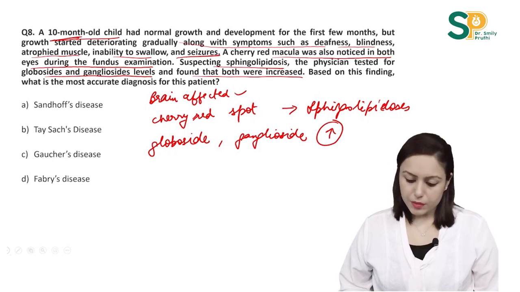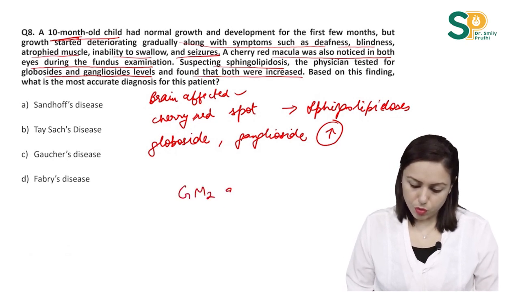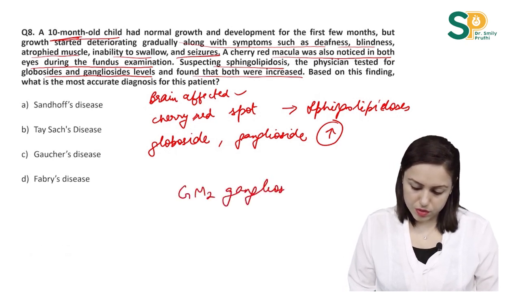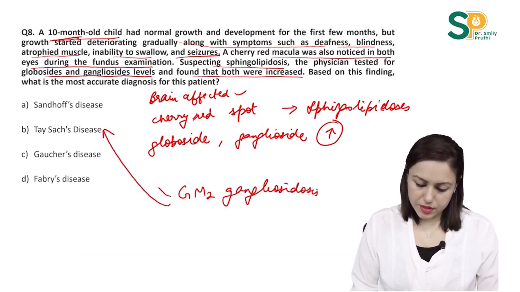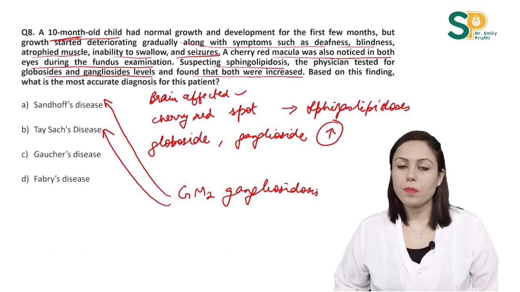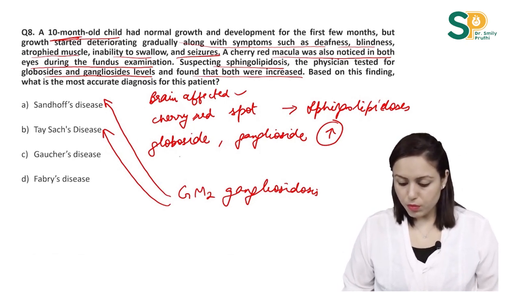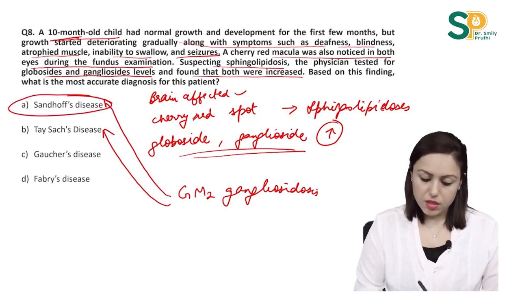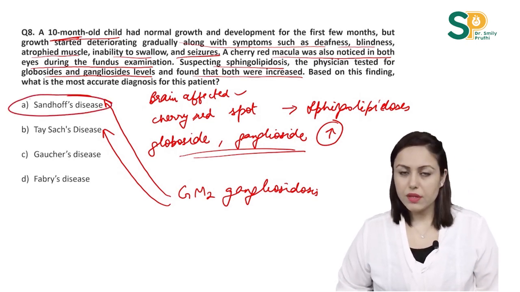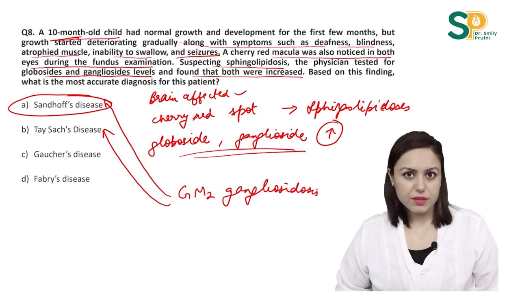We have two types of GM2 gangliosidosis, that is Tay-Sachs disease and Sandhoff's disease. When in this question they say both globocyte and ganglioside are increased, then I will mark Sandhoff's disease, right? It will be clear on the next slide.